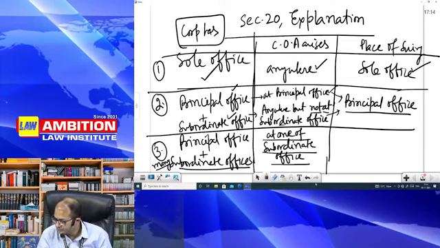A cause of action is a bundle of facts which you are required to prove to get the relief. The cause of action is basically a bundle of facts which is required to be proved for getting relief in a case. But subject matter is something different.